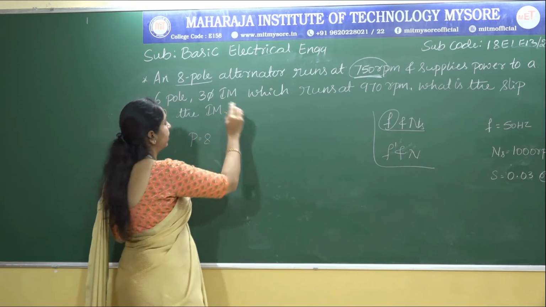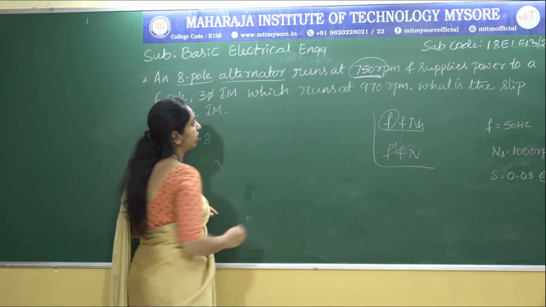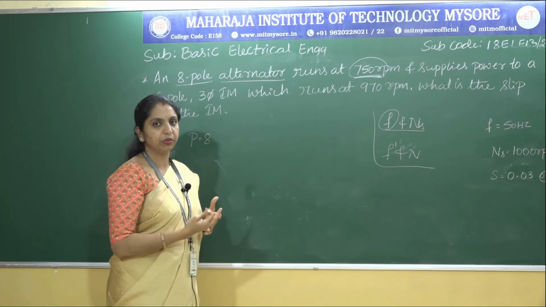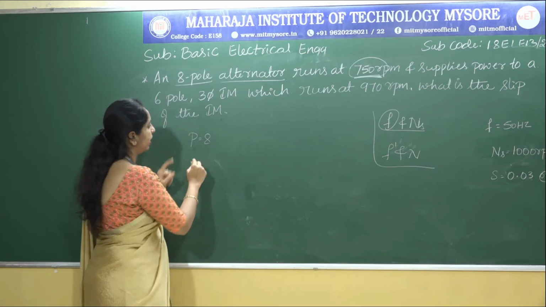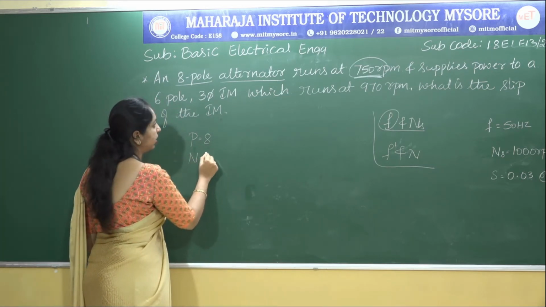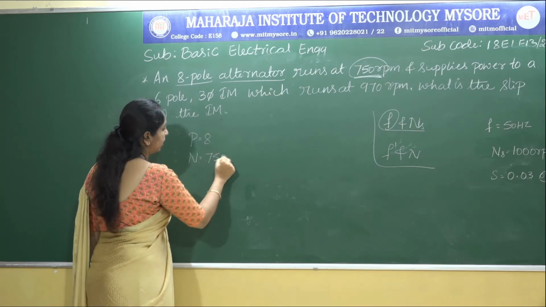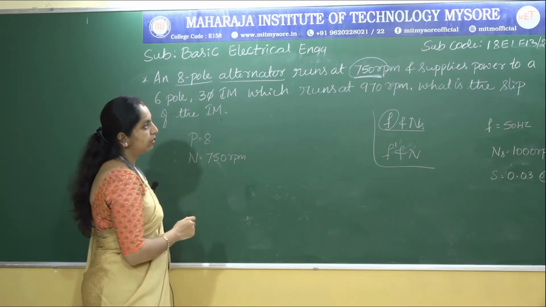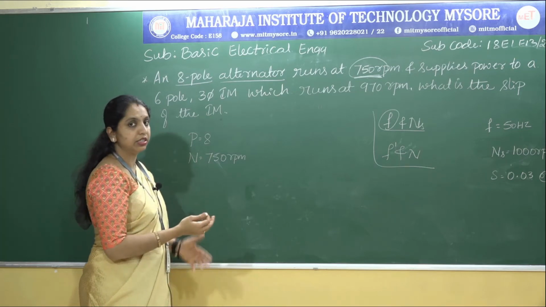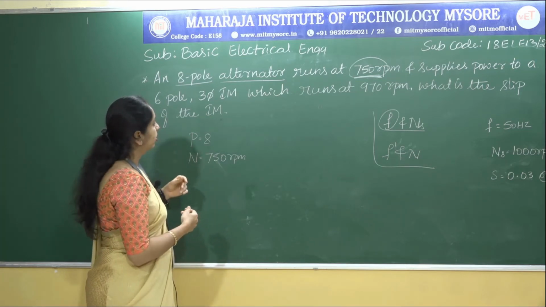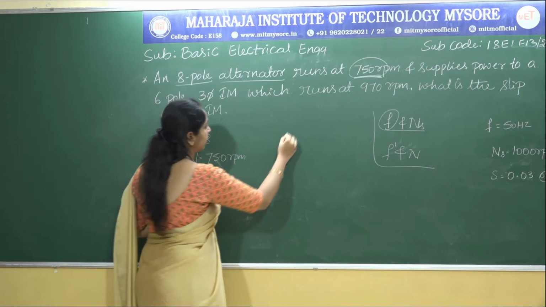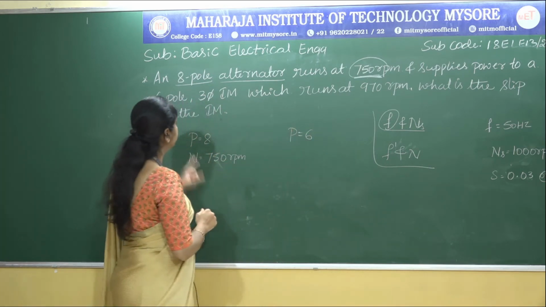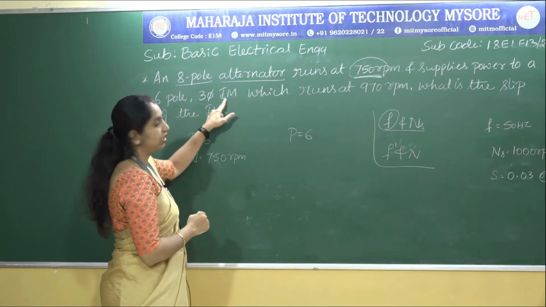So P is given as 8, and N is equal to 750 RPM. It supplies power to a 6-pole, so one more value is given: P is equal to 6, a 6-pole 3-phase induction motor.